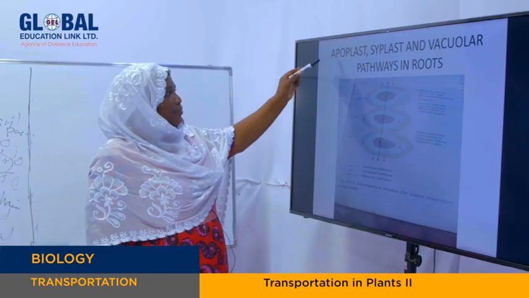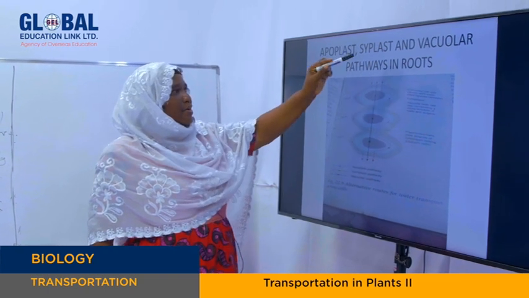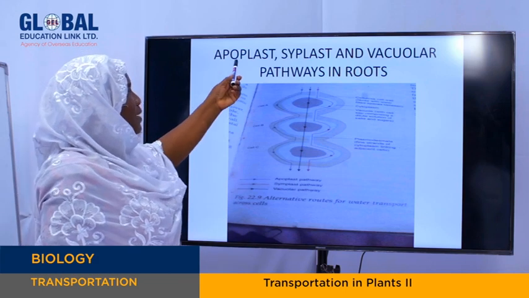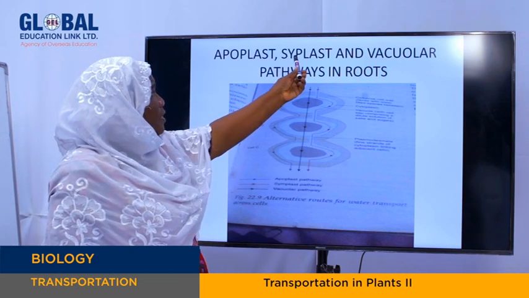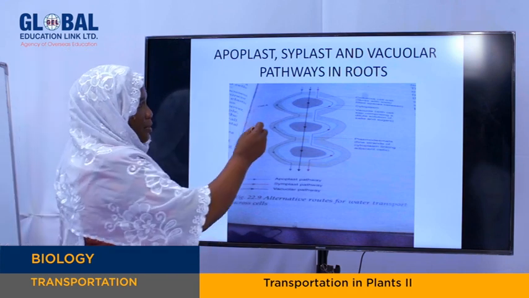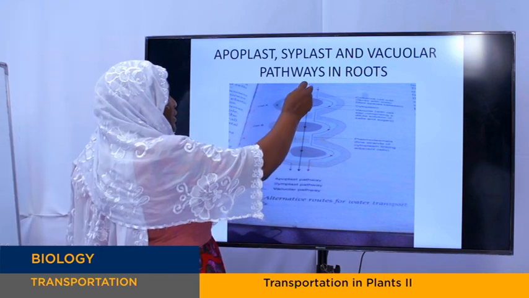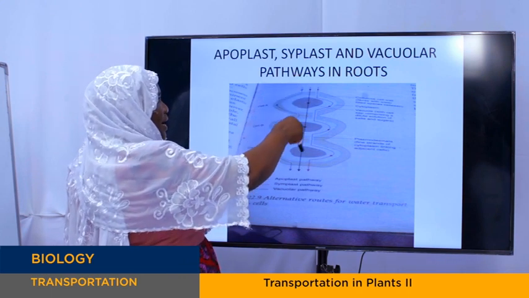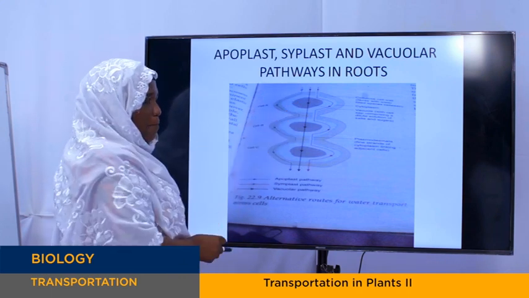In this diagram, all the three routes have been indicated. That is apoplasty pathway, symplasty pathway, and the vacuolar pathway. You see this arrow here at the middle. This arrow indicates the vacuolar pathway.